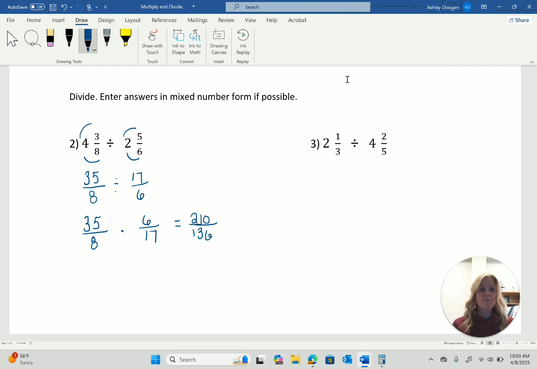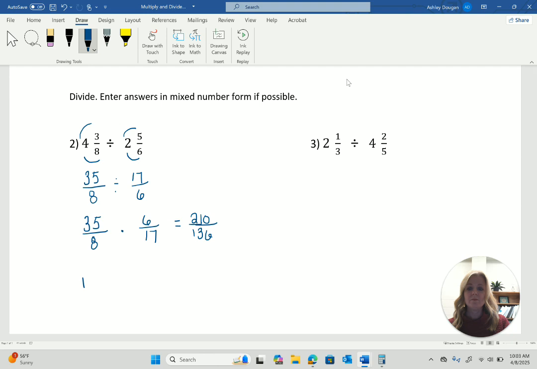My answer is an improper fraction, meaning that it's a value greater than 1. So we can change that to a mixed number. If I start with a mixed number, I want my answer to end with a mixed number.